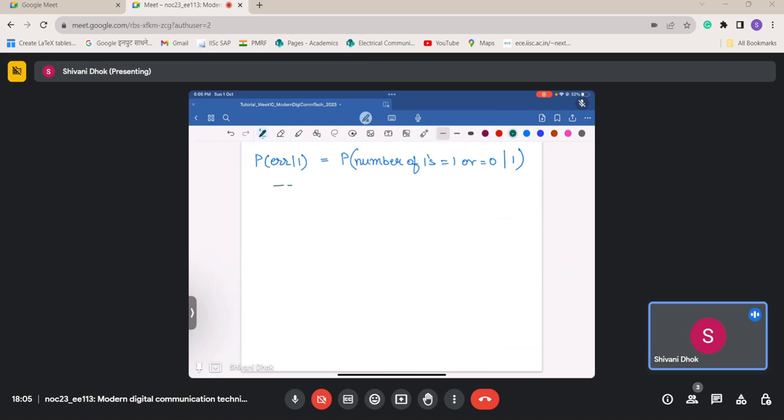We are transmitting 1 1 1, and we know that this gets flipped with probability p, and it remains as 1 with probability 1 minus p. This is 0.9 and this is 0.1. This we know. So this event is that one position remains 1, or 0 positions remain 1.